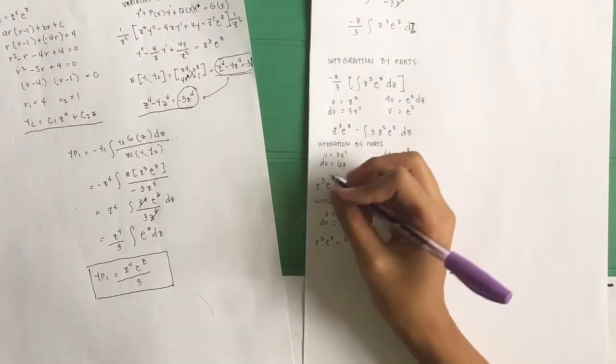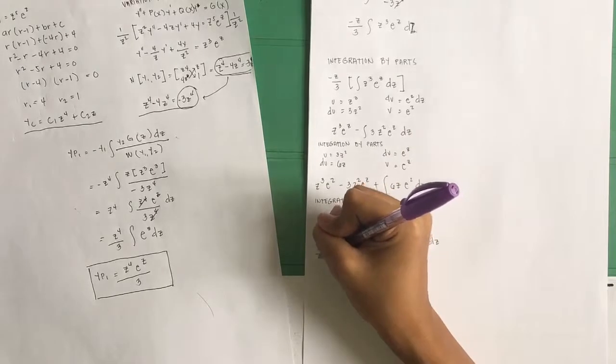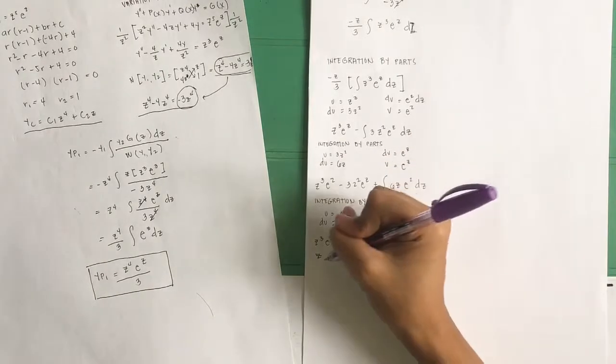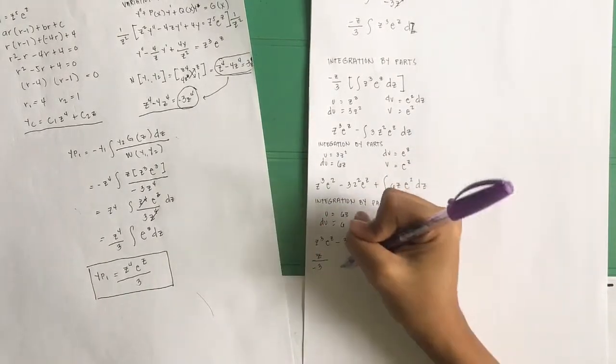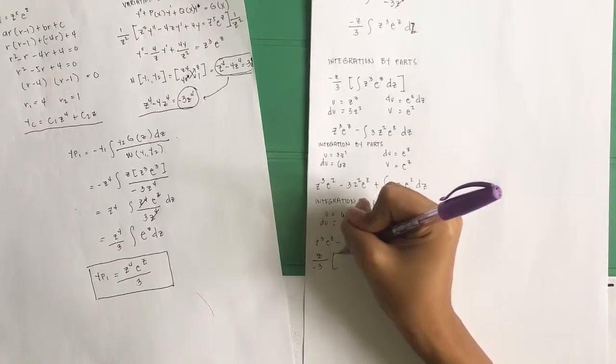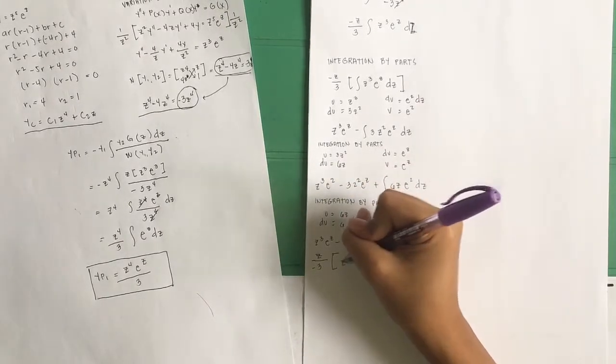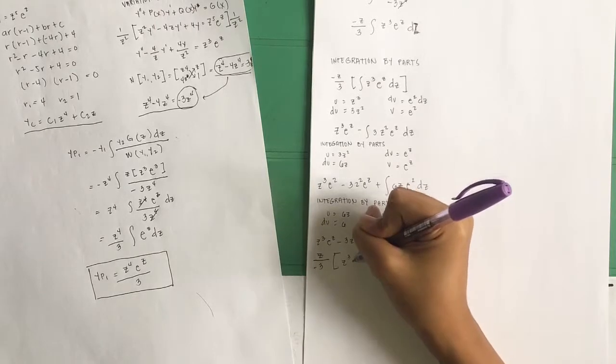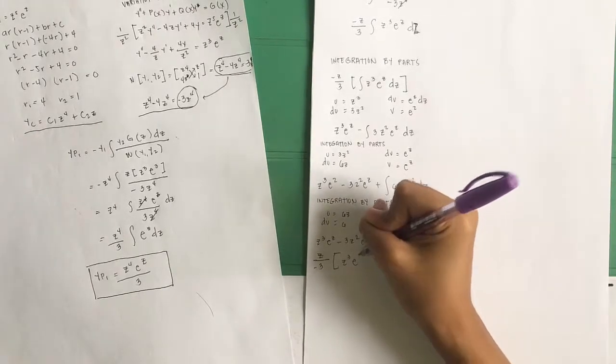Then I'll put z over negative 3 to simplify the value. Then multiply it.